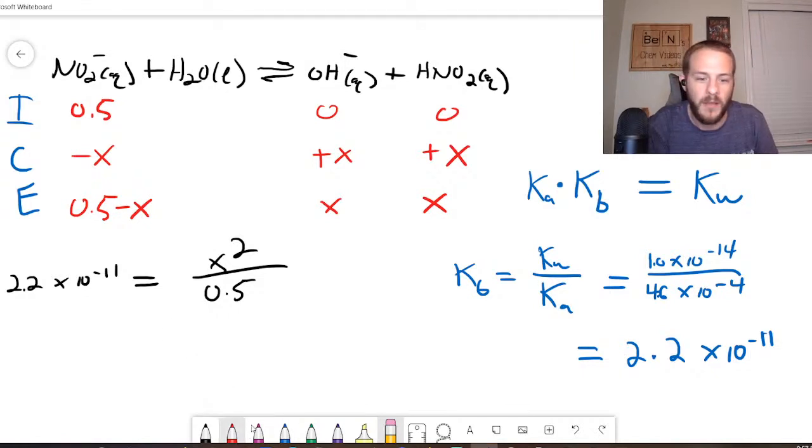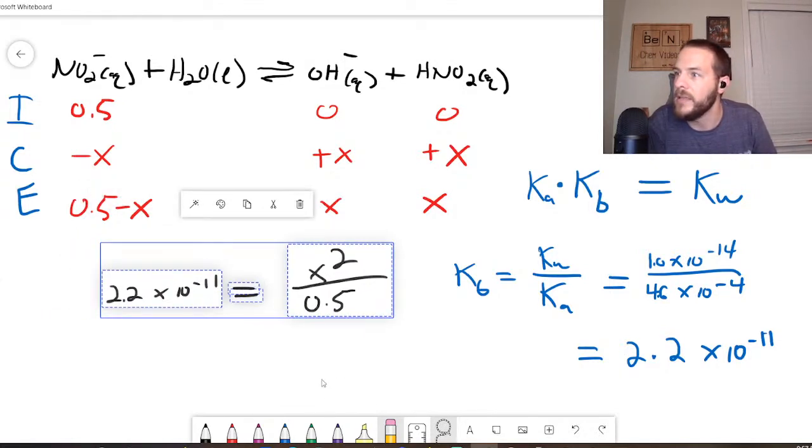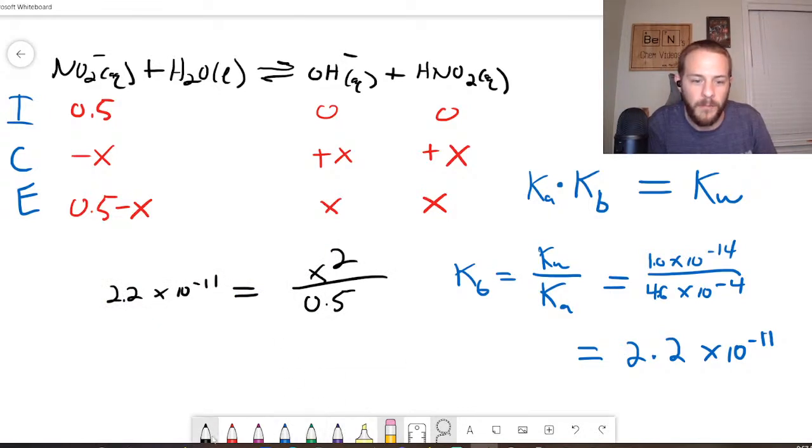So let me take this equation and drag it into a more central location so I can more easily manipulate it. That means that X squared is going to be equal to the product of 2.2 times 10 to the minus 11 and 0.5.